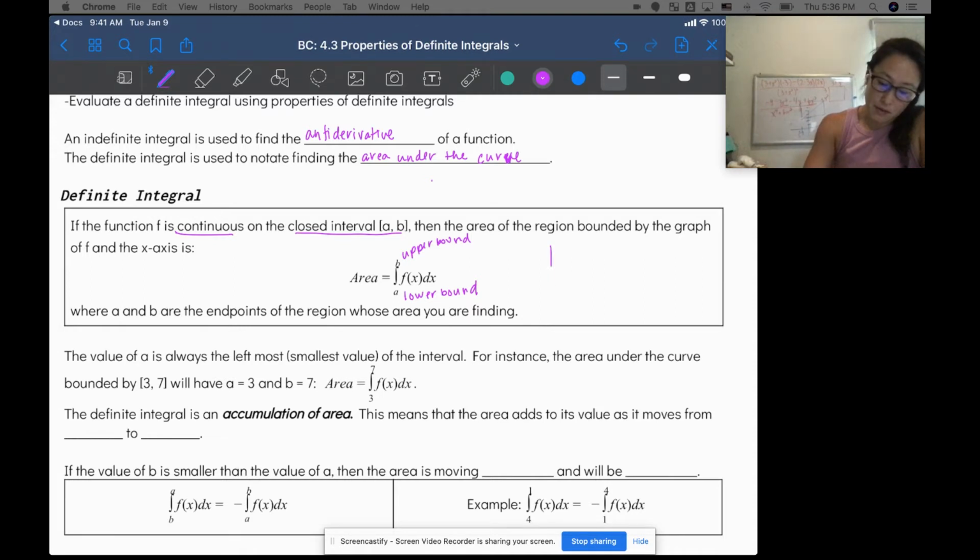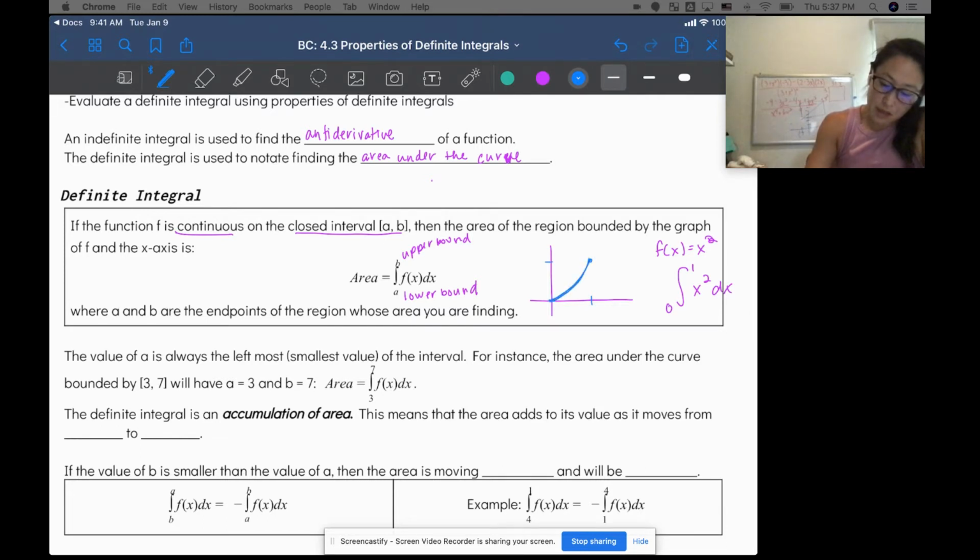So if I have the function f of x equals x squared, and I find the integral from 0 to 1 of x squared dx, I would be looking at, let's see, x squared at 1 is 1.